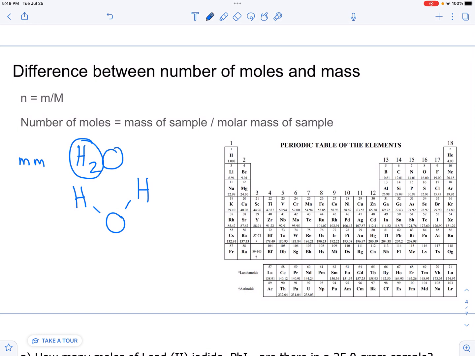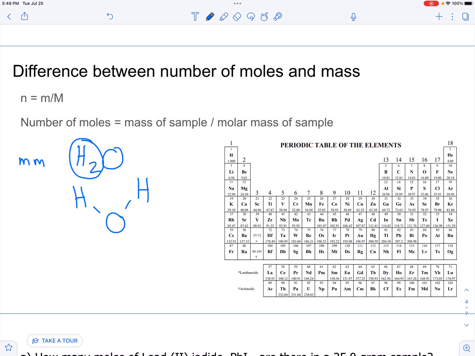That is going to be pretty common for you to need to recognize, because many times when ionic compounds dissolve in water, the ions are not attached to each other, so you need to know how many individual ions you have.